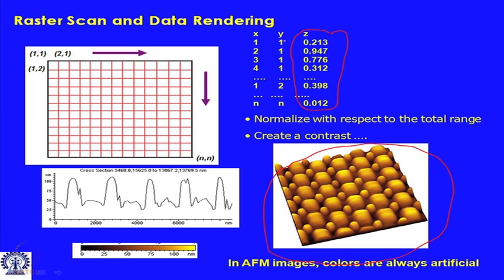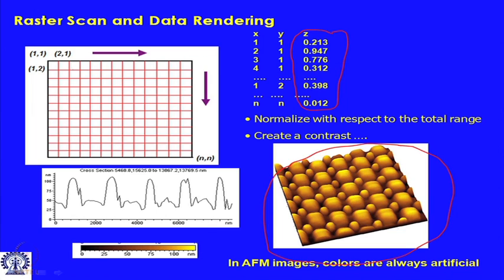Unlike any other microscope, where the final product is an optical image of the features, here you get not an image but a data file, x, y versus z. So, you get the true z information at every point, and what is done to generate an image like this is to normalize the vertical height and create a constant contrast in a grayscale or something like that.